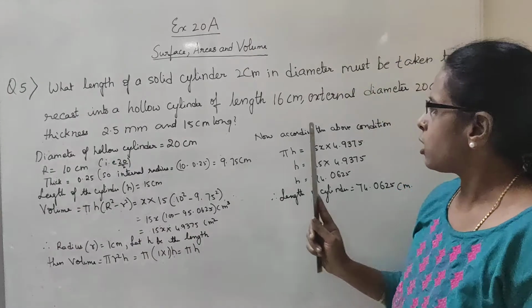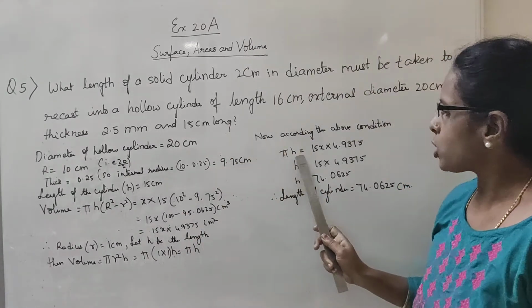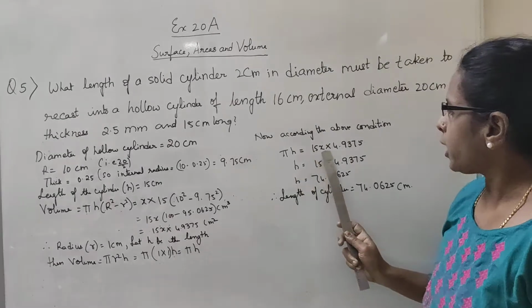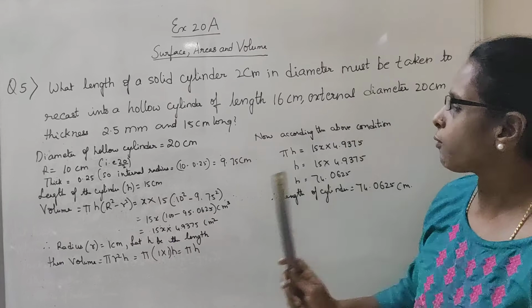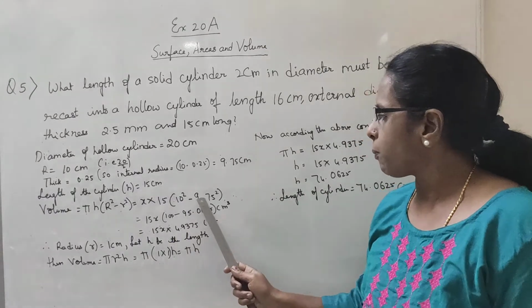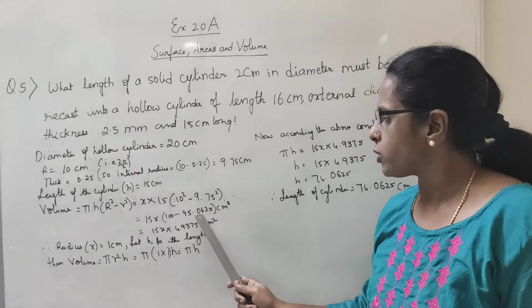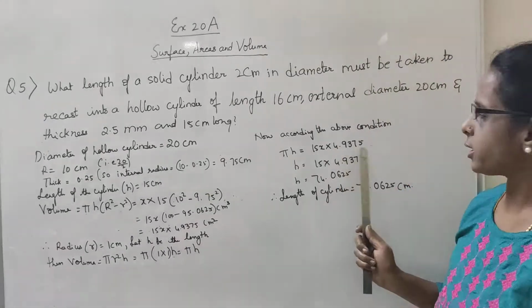We get pi h. Now according to the condition, according to the statement, pi h is equal to 15 times 22 by 7 into 4.9375. How did we get 4.9375? 10 square is 100, 9.75 square is 95.0625. Subtract those both, we get 4.9375.